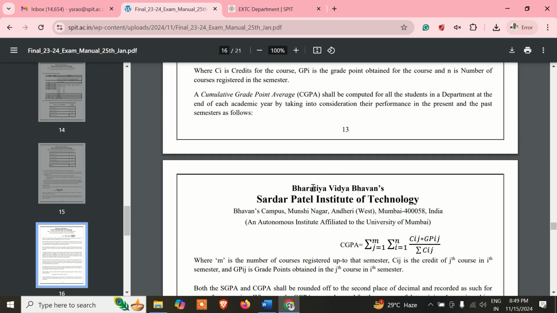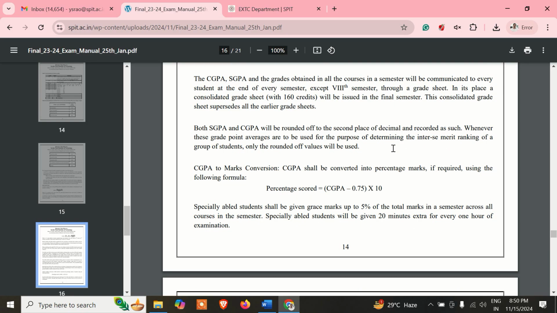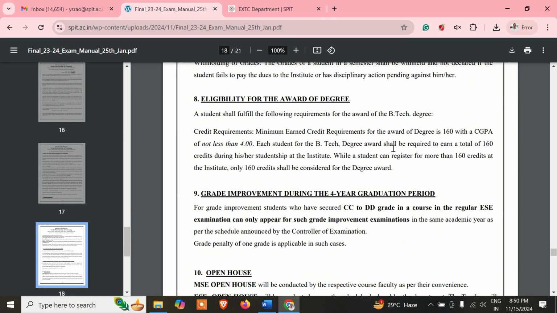However, in CGPA, we are not considering the liberal learning courses while calculating those credits and pointers.